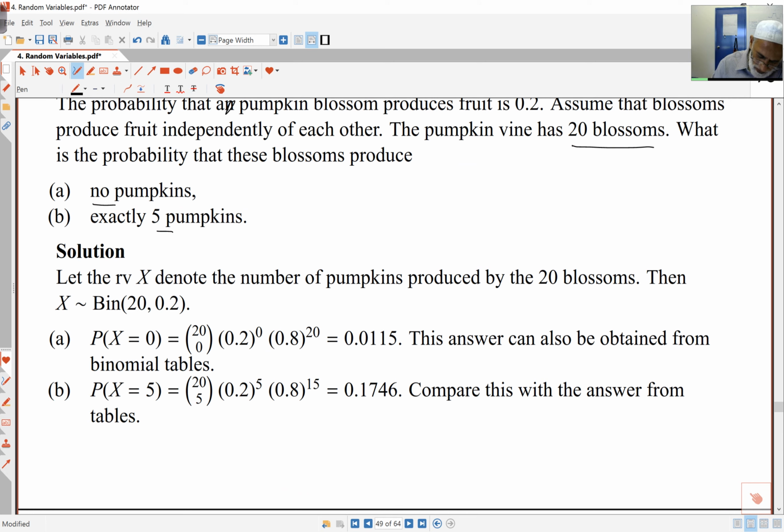Then X is binomial 20, 0.2. Probability of getting none is 20 choose 0, 0.2 to the 0, 0.8 to the 20, I get that much. And X equals 5 is 20 choose 5, 0.2 to the 5, 0.8 to the 15, and that's that much. So you can look at tables and work it out. We'll see tables in lectures together.